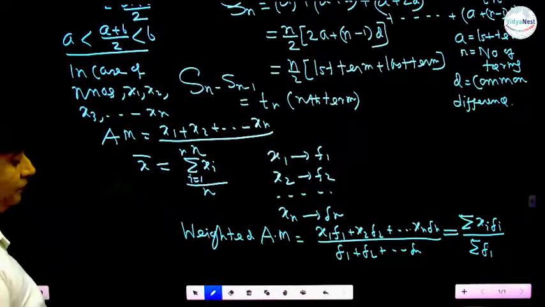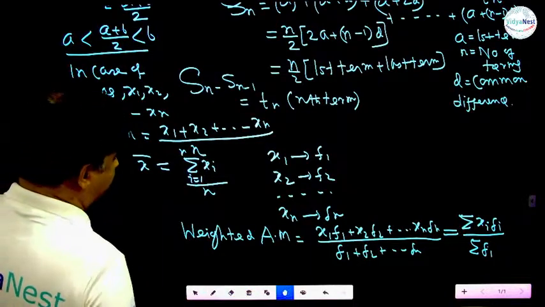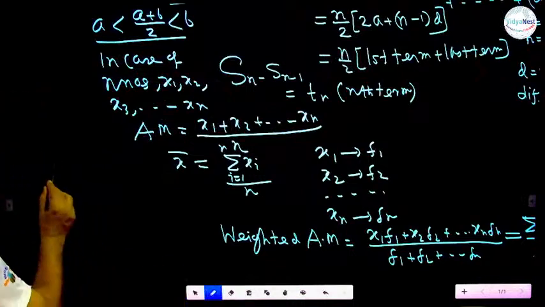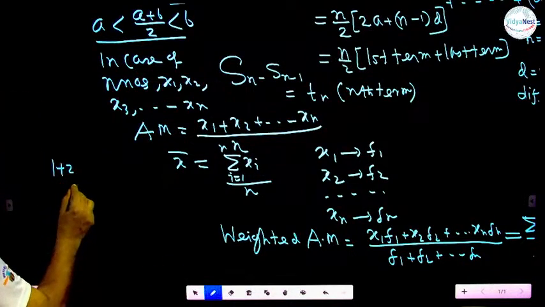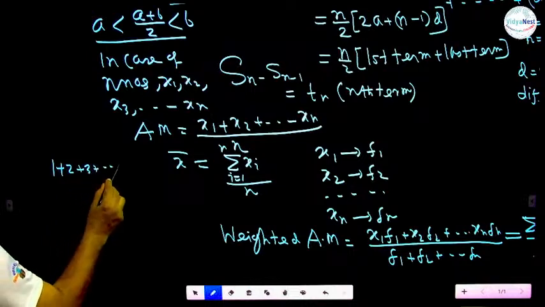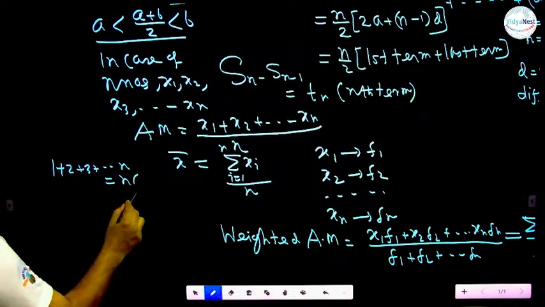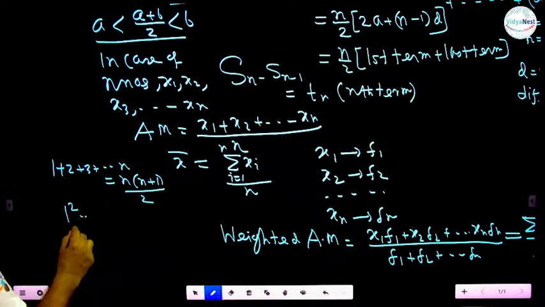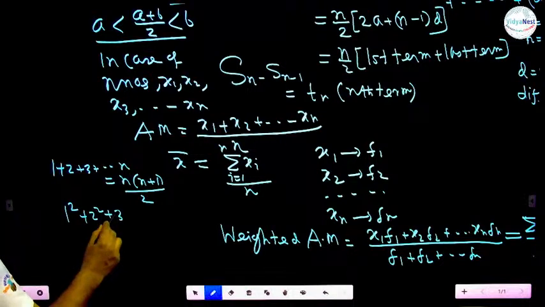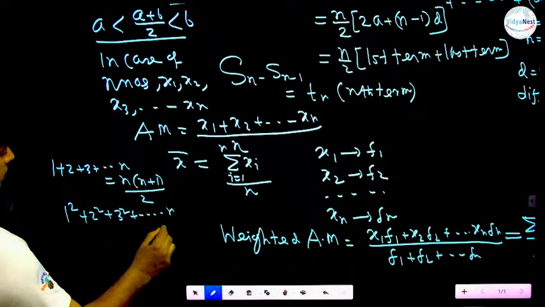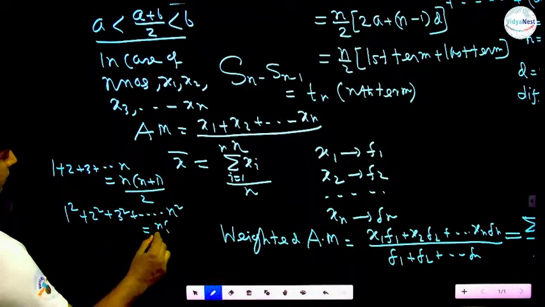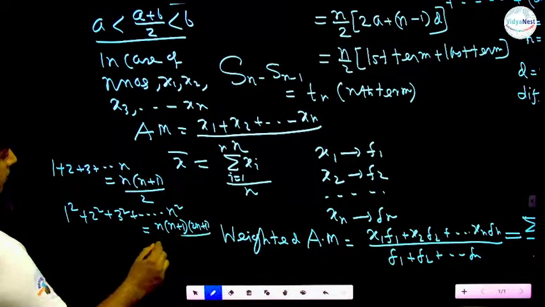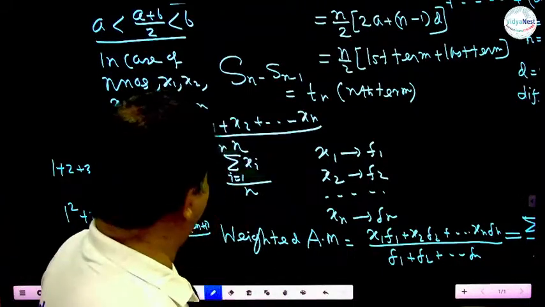Beside this, we had gone through the sum of n natural numbers, that is n into n plus 1 by 2, and the sum of squares of n natural numbers.